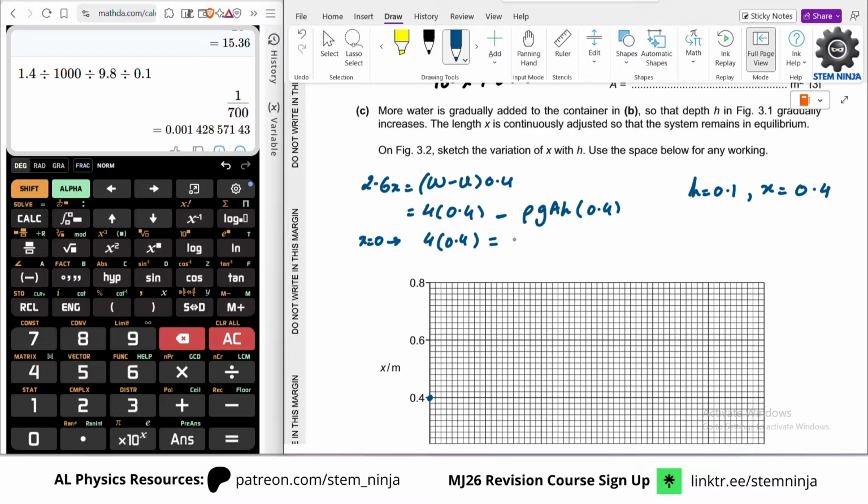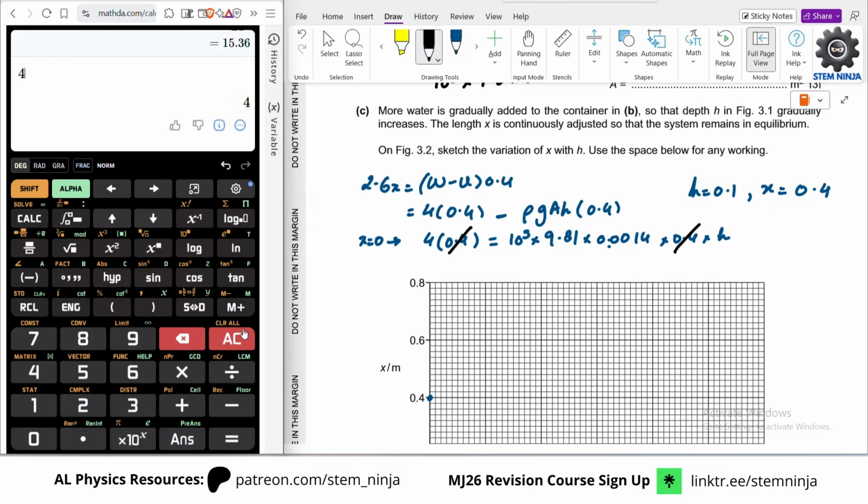So rho is density of the water, 10 raised to power 3. g is 9.81. A we found out to be 0.0014 times 0.4 times h. So 0.4 gets cancelled.